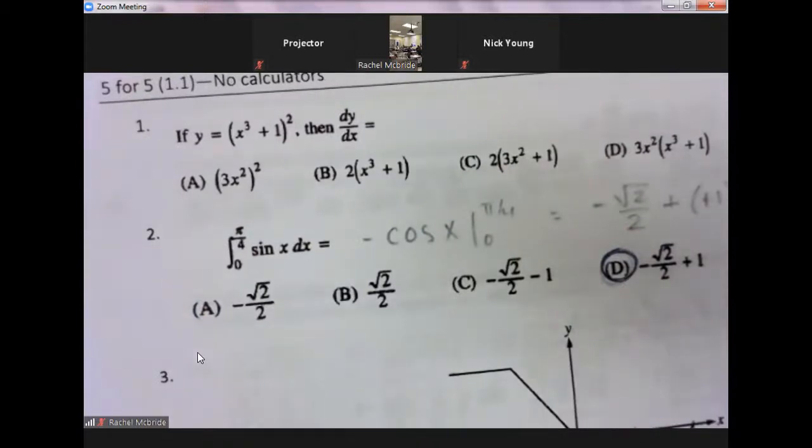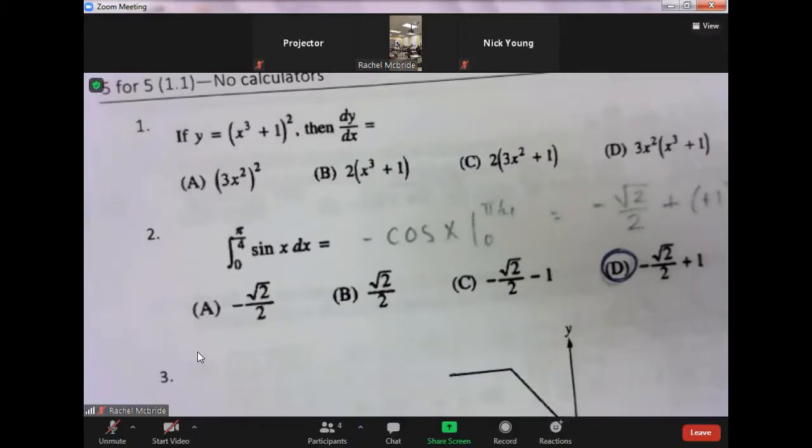All right, number 3. Give me a 1, 2, 3, 4, or 5. You'll be happy to know your odds have gone up. They went from having 5 multiple choice options down to 4.